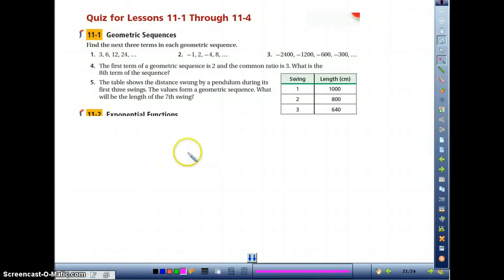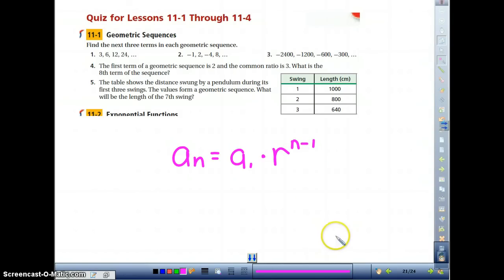For a geometric sequence, a sub n equals what? A sub 1, the first term in your sequence, times what? Yeah, your common ratio raised to the position number minus 1. That's your basic formula. Everything else from there is pretty easy.